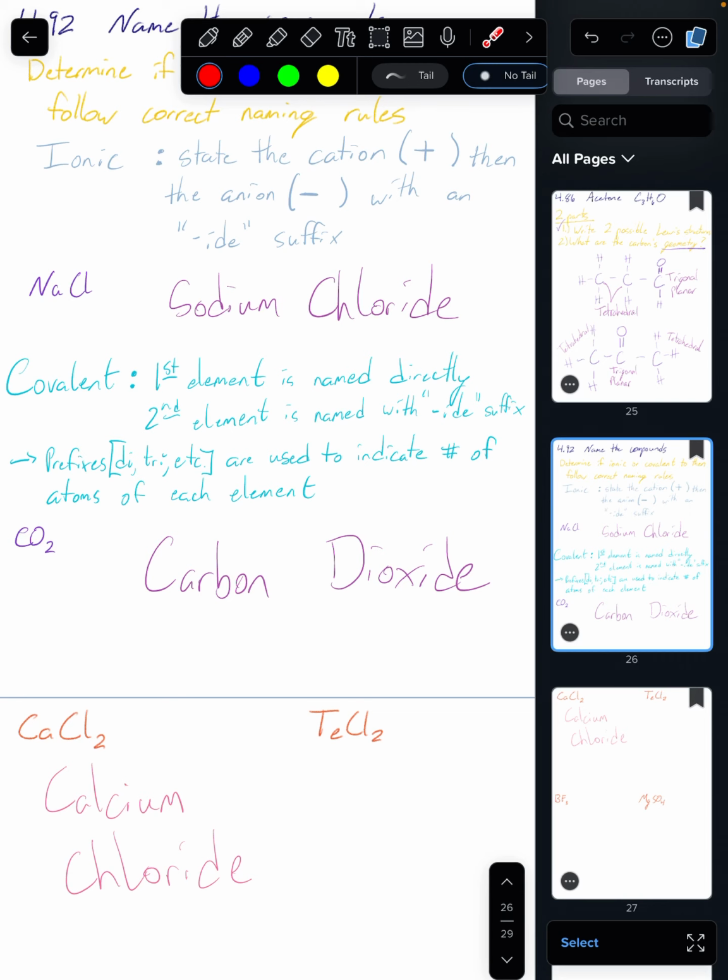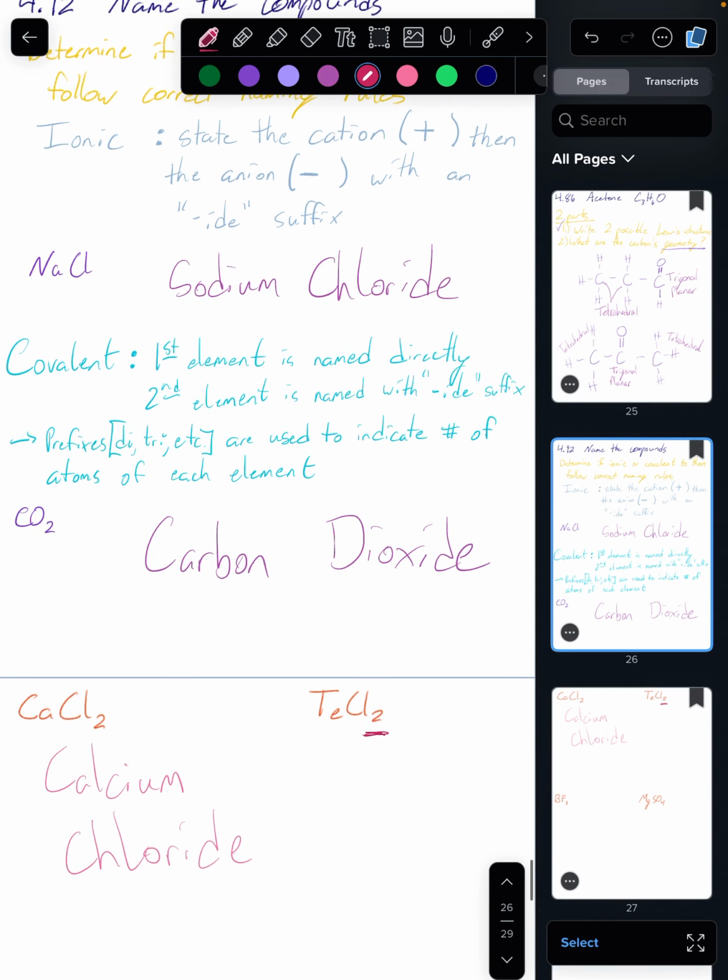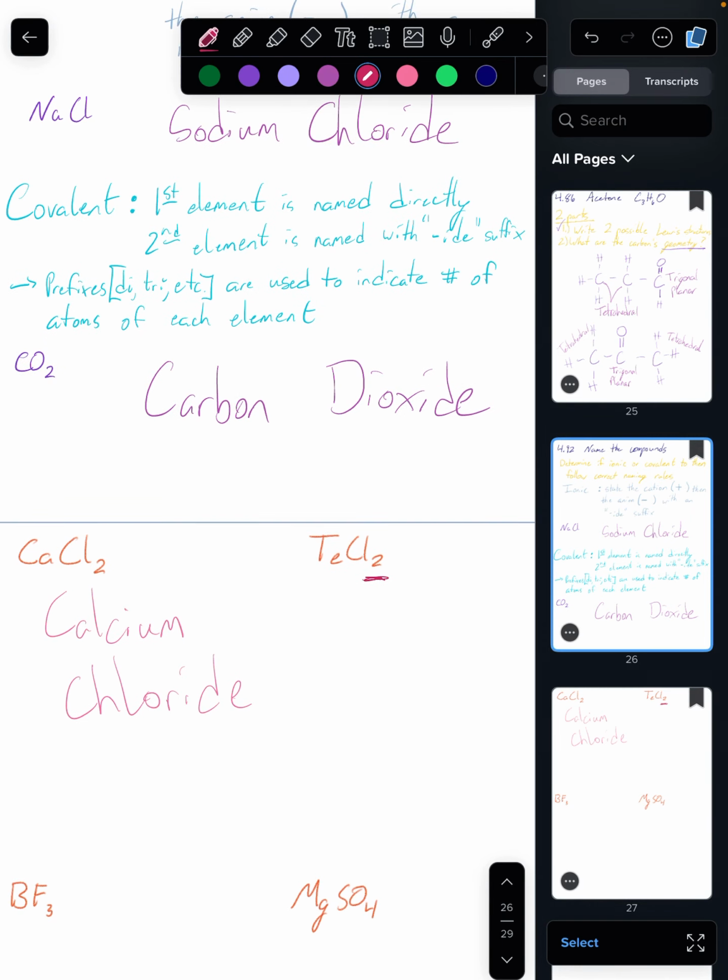Okay? In the case of this one, when you draw it out and everything, it becomes a covalent bond. So in that case, we have to add in this di. Okay? So Te is tellurium. And then we have our chloride with our 2. So dichloride.